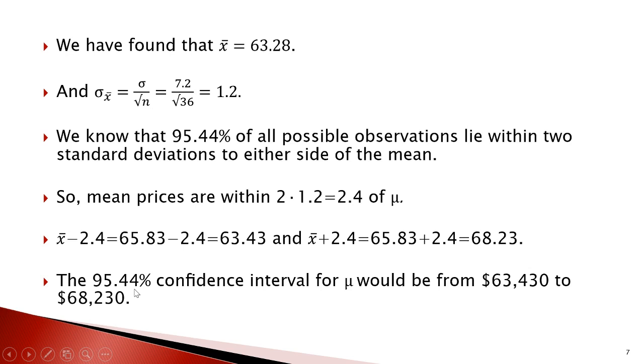The 95.44% confidence interval for mu would be from 63,430 to 68,230. That is our lower bound and the upper bound, and those two we call the confidence interval.